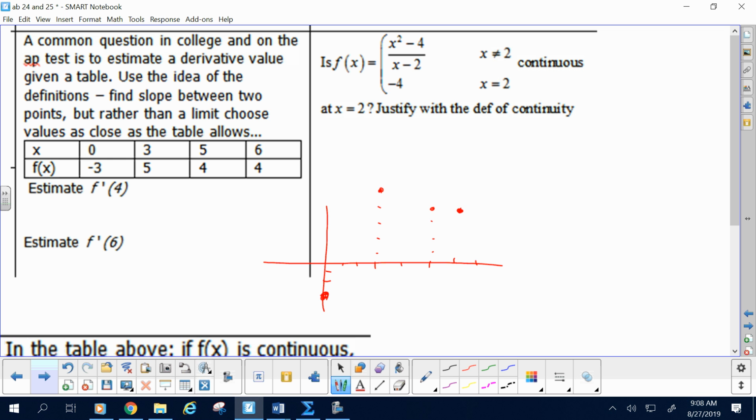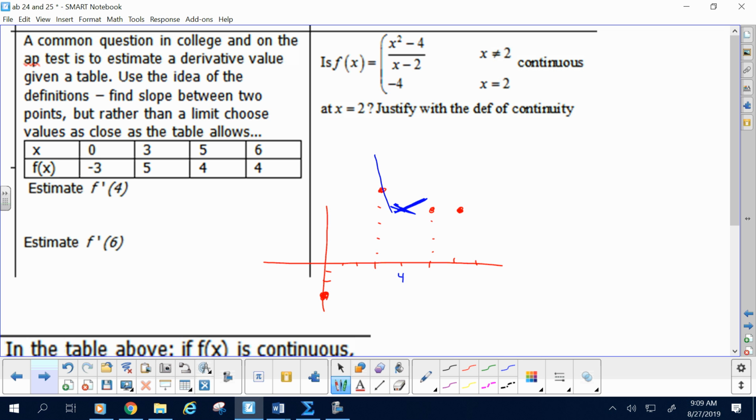All right, so I'm given 4 points on the curve, and I have no idea what this graph looks like, other than it's continuous. All right, it's continuous. So, my idea is this. F prime at 4 is, what's the tangent slope here?